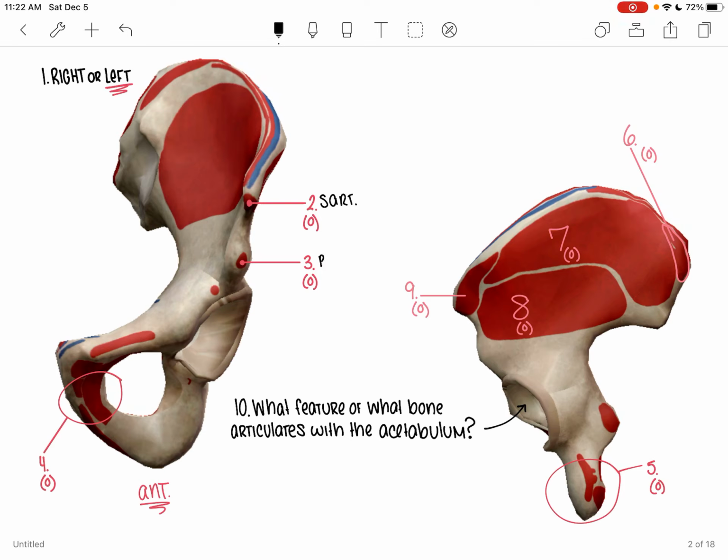Number 3 is going to be rectus femoris. Number 4 down here, this is going to be what group. Probably should have indicated that to start. So number 4 and number 5 are asking what muscle group. If you want to change your answer, you can go ahead and do that now. Number 4 is going to be the adductors. Number 5 is going to be the hamstrings.